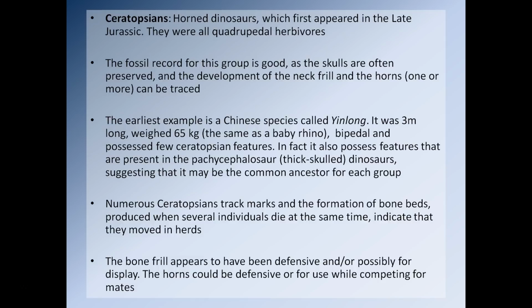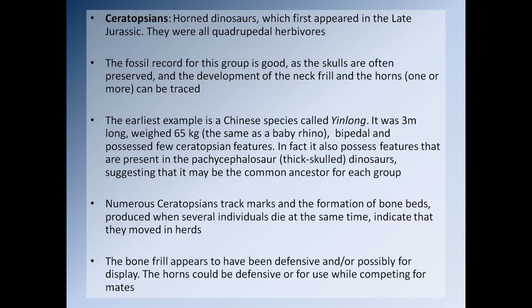It's also possible that the frill could have been for display purposes, so it could have been for mating purposes. This is suggested because in some dinosaurs, the frills are not solid bone. They do in fact have big open spaces in the frill.